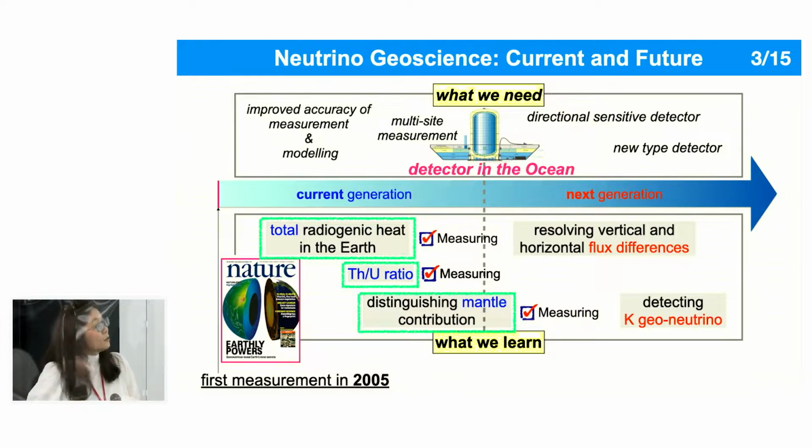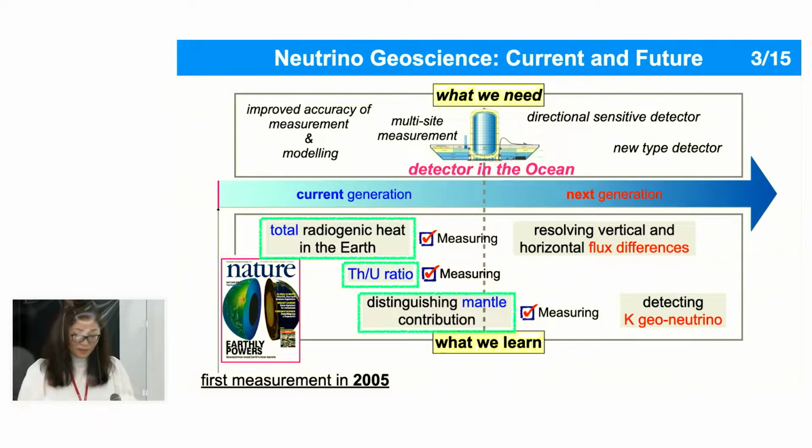After that we tried to improve the accuracy of the experimental measurement and also the modeling. That is the connection between the physics society and the geoscience society, and we work together to improve the modeling and understand what kind of geoneutrino flux we are measuring.